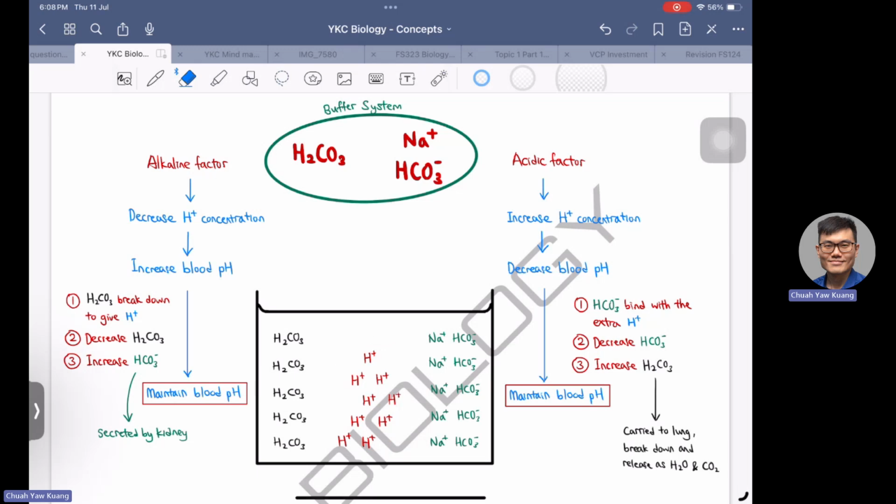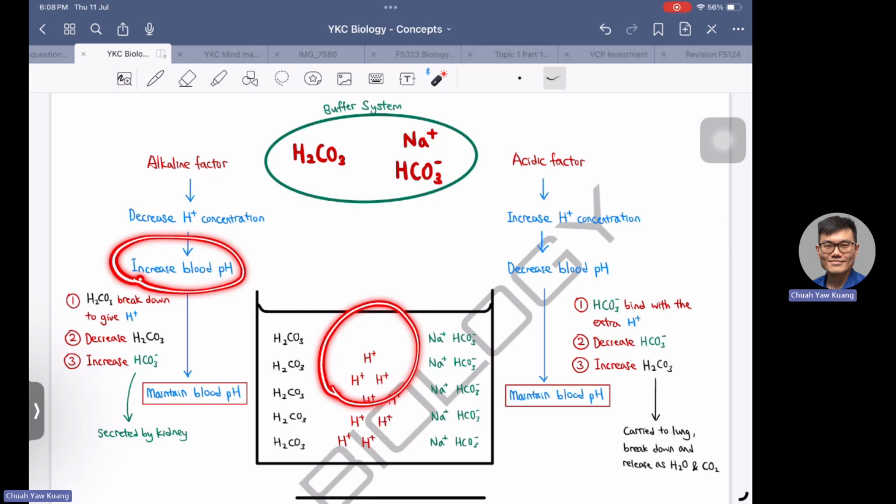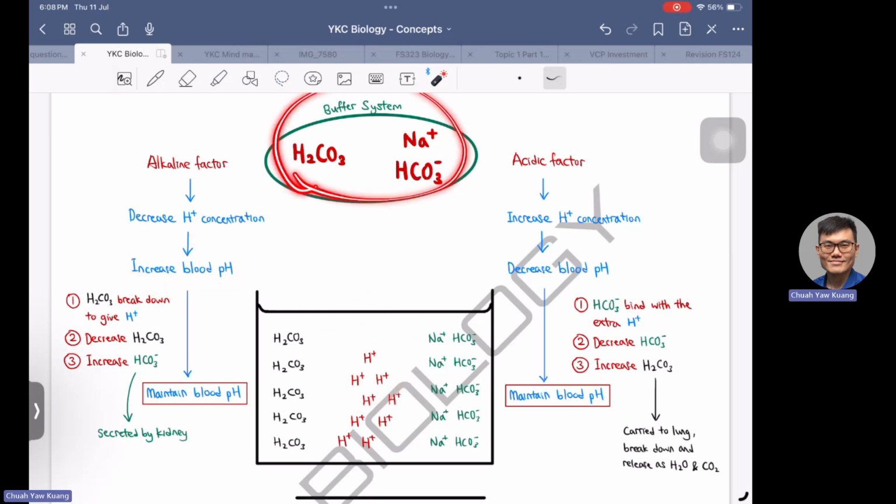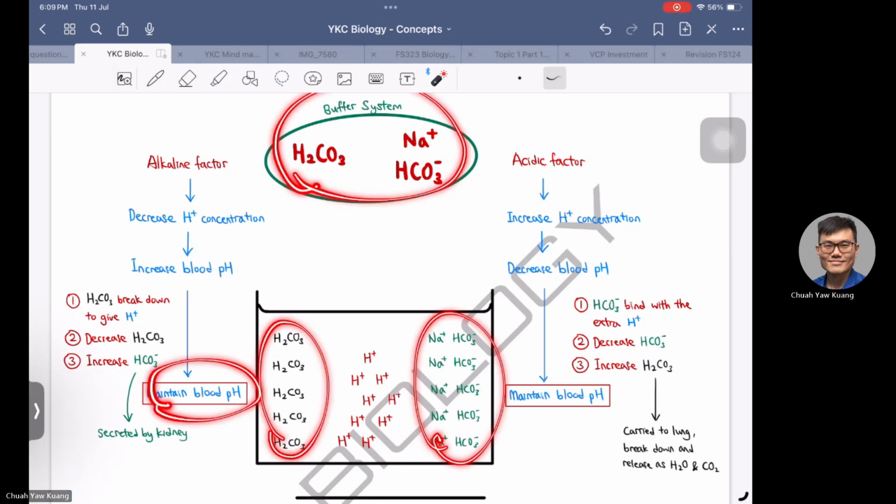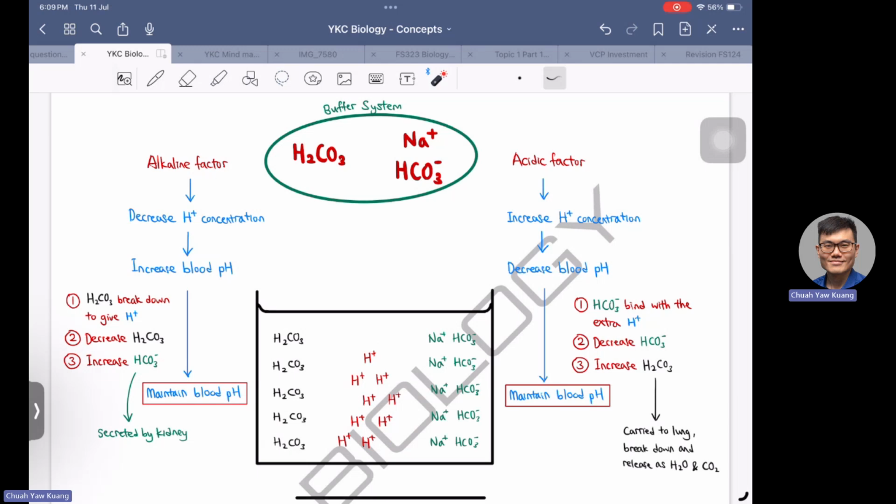So if let's say there's no buffer system, then of course, a decrease in the hydrogen ion concentration will increase the blood pH. But luckily, we have the buffer system to work on. This buffer system will work in order to maintain the blood pH. So how are they going to make it?